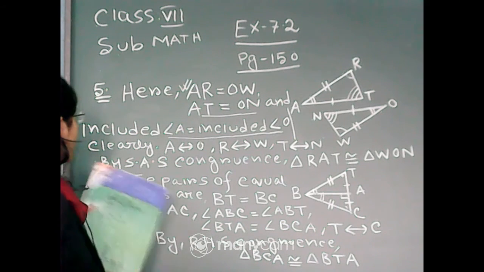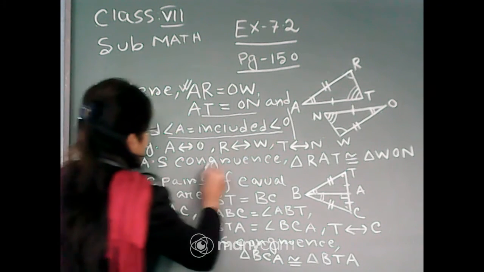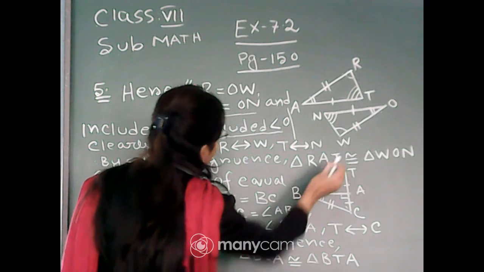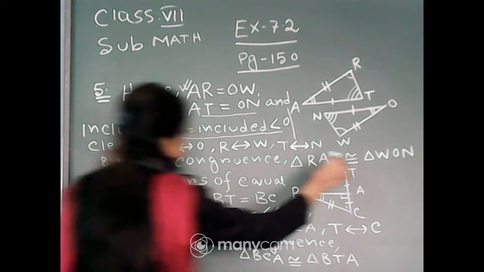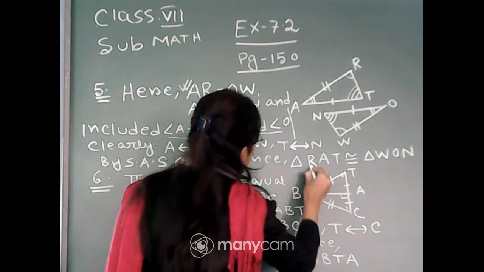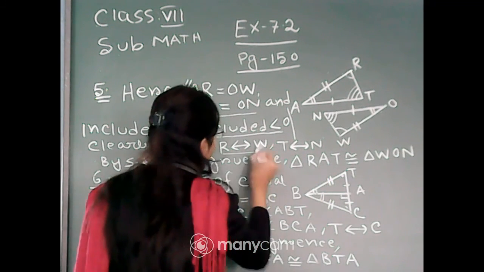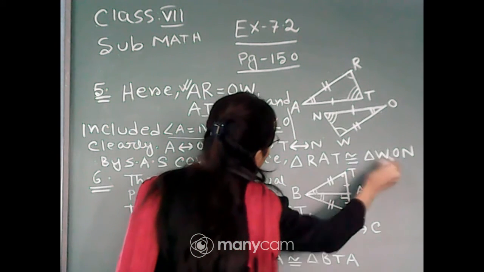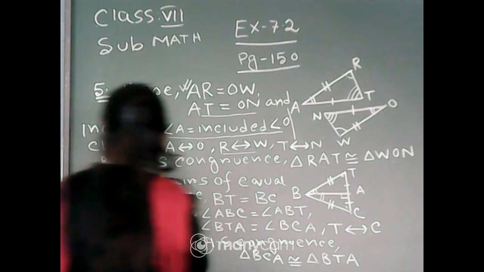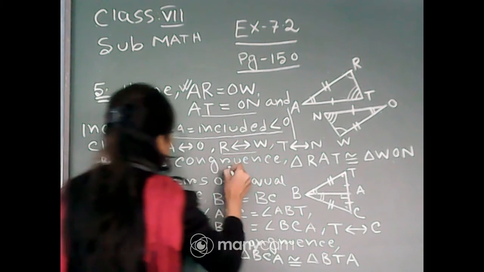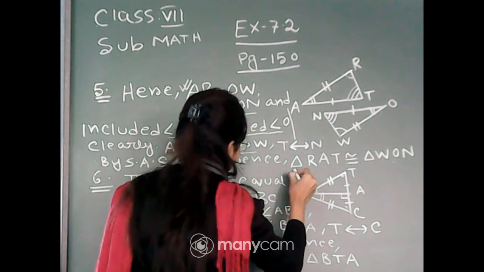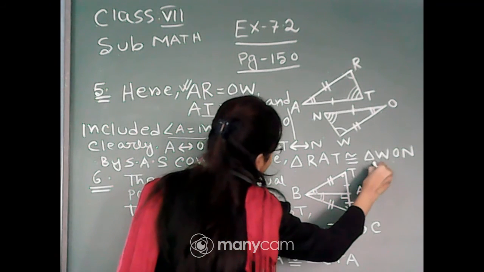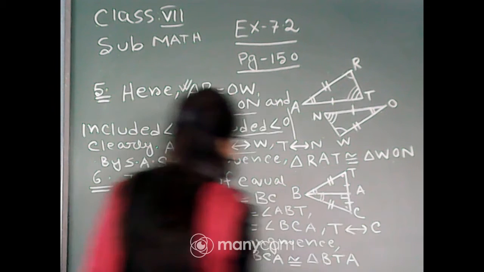So, by SAS congruence criterion, triangle RAT is congruent to triangle WON, since R corresponds to W, T corresponds to N, and A corresponds to O.